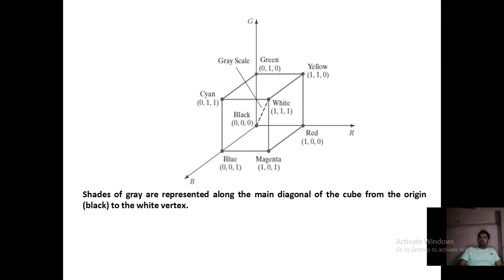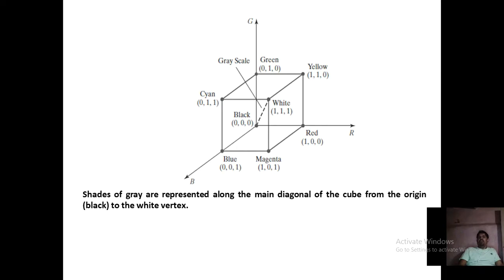Then exactly at the diagonal you see white, meaning you have mixed red, green and blue equally, right? If green is 1, red is 1, blue is 1, if you mix 1, 1, 1 equally, then definitely you will get white. That is the diagonal dot, that is the white color.